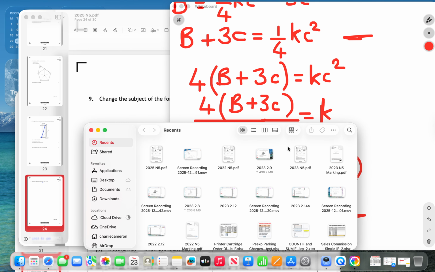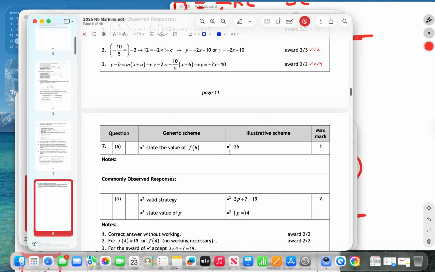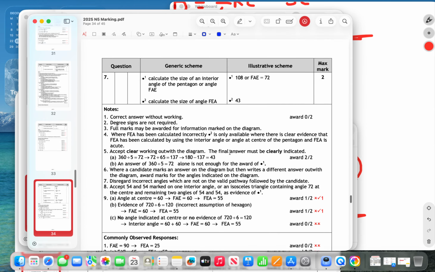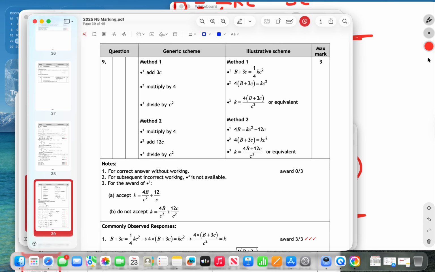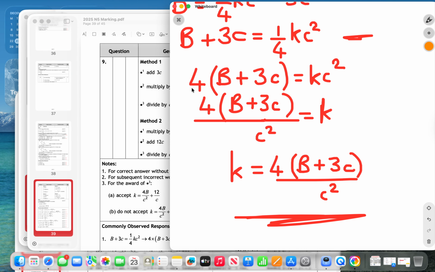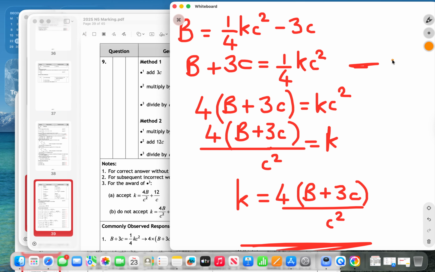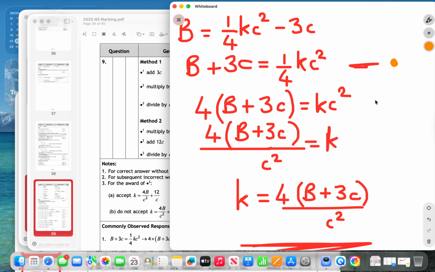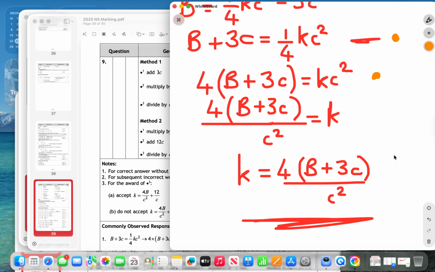Let's have a look at how this one was marked. Your first mark would be for adding 3c. Second mark would be multiply by 4, and the last mark is dividing by c squared.